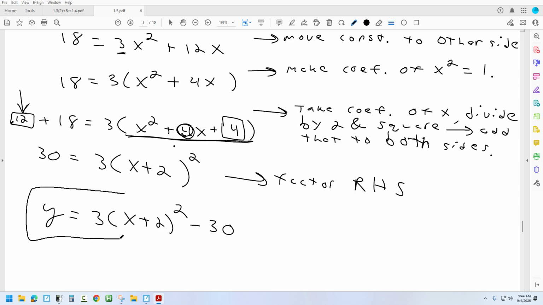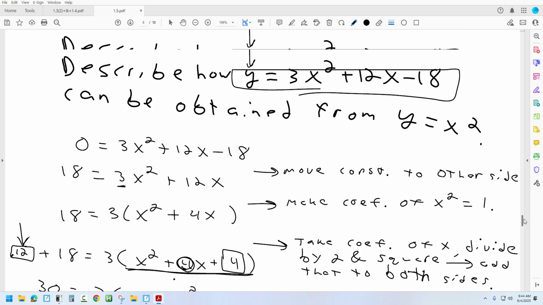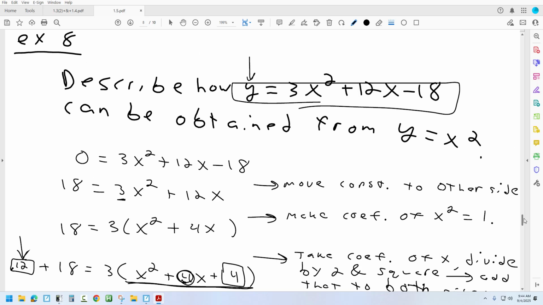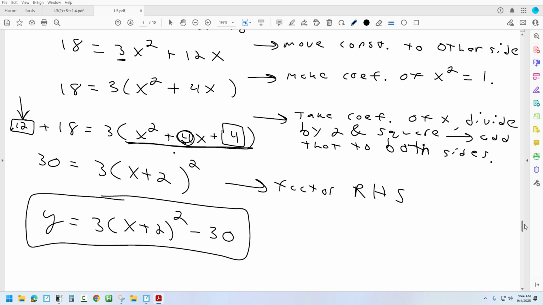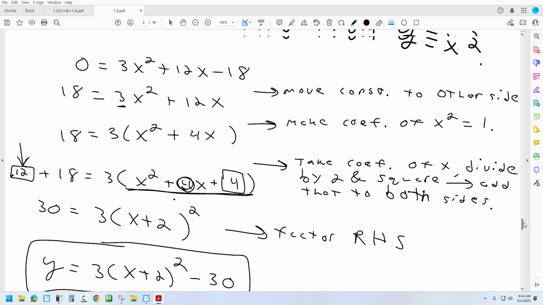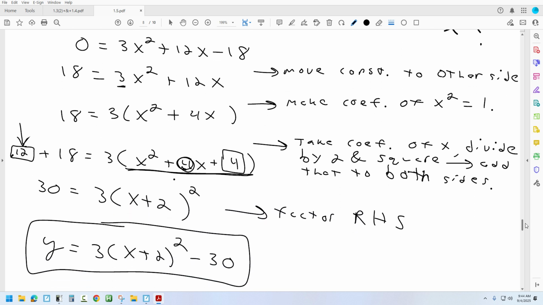Now this and what we started with up above are exactly the same thing. The difference is the top one is not written in a format that we can easily figure out the transformations. The bottom one is. If you're not sure they're the same, graph them. Graph the top box in y1, graph the bottom one in y2. They will be identical.